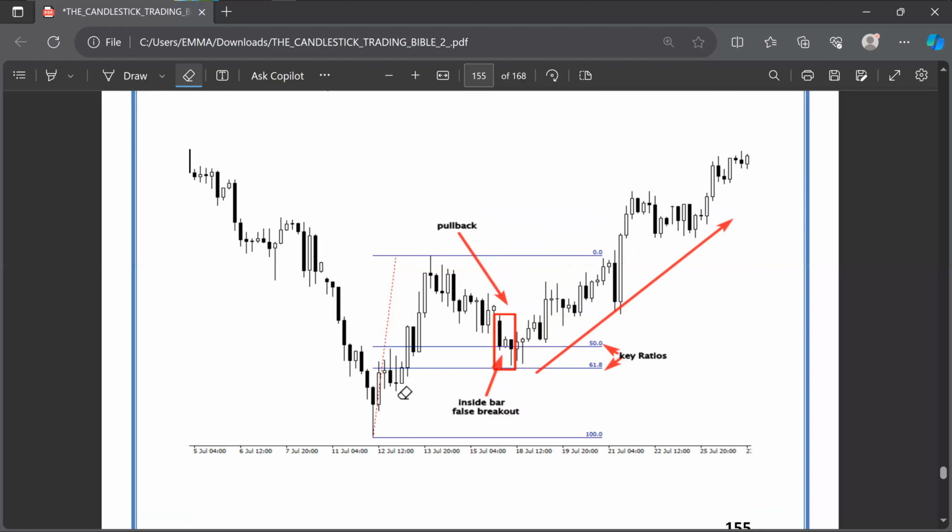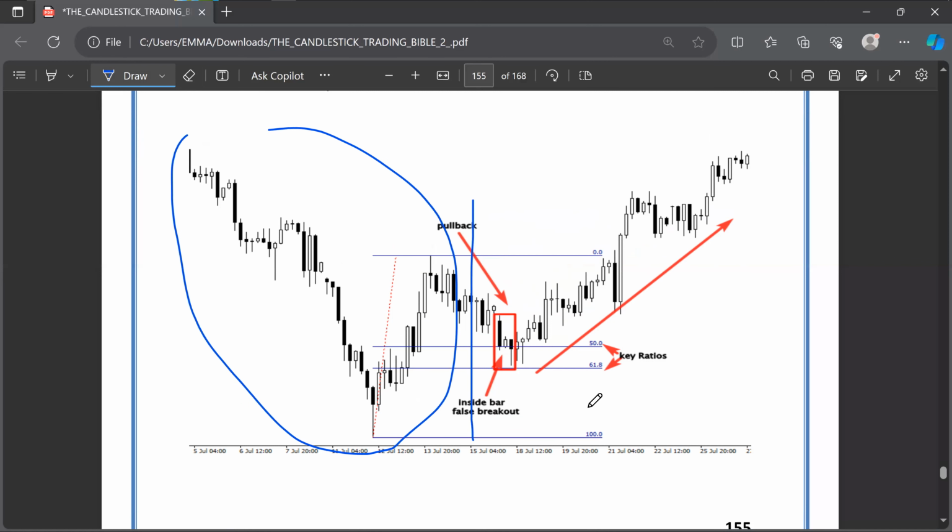If you look here, if I should start from here, let's say I'm ignoring this part and I'm just moving this way. When it gets here, this is an uptrend.